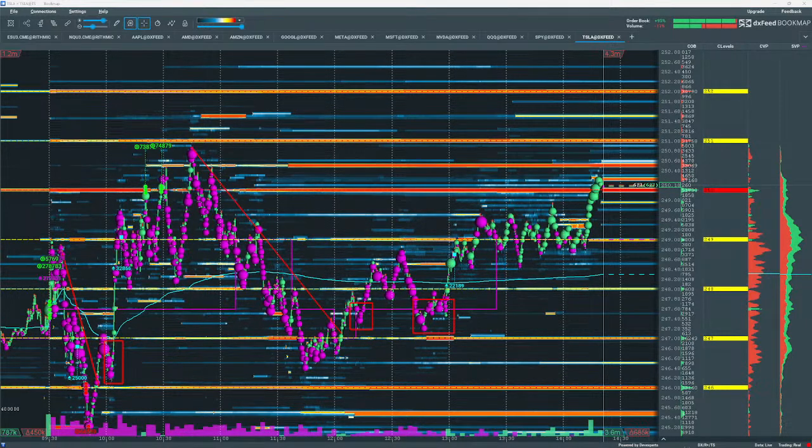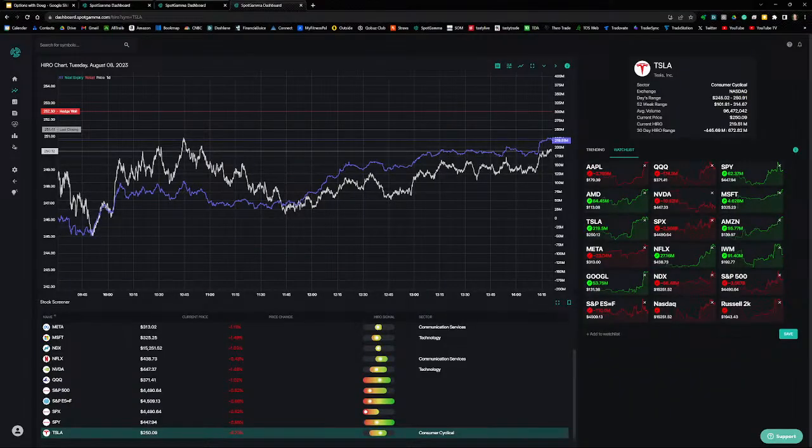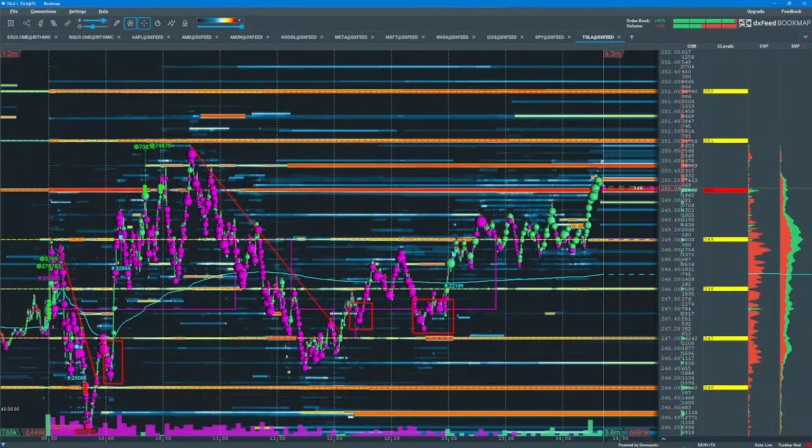And let's check for gamma levels. So the hedge wall is at 252.50. 250 is not a gamma level, but it is a high liquidity level.